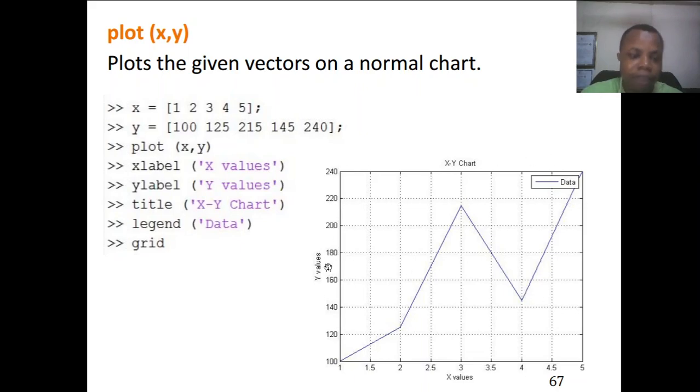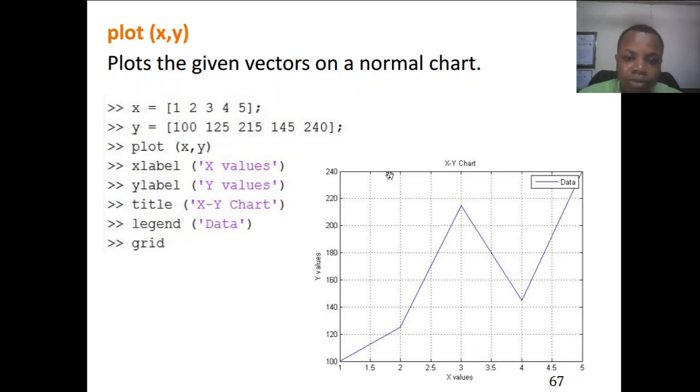But suppose that we would like to add more features. We can use xlabel to label the x-axis, ylabel to label the y-axis, title to give us the main heading, and if you would like to introduce a legend, we could just use the function legend, and specify how we would like the legend to be called.